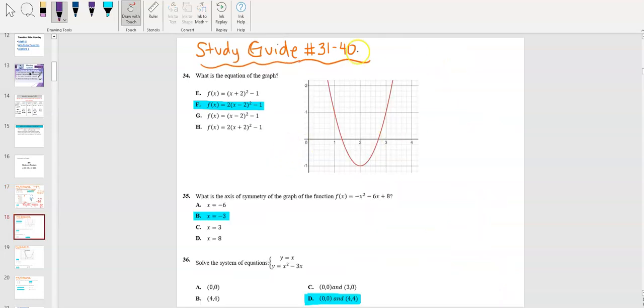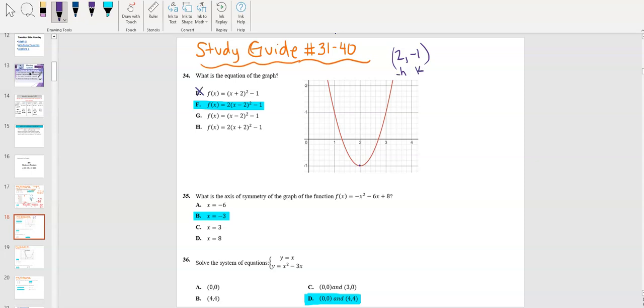On 34, we're taking a look at this graph right here, and we're trying to identify the equation of the graph. If you look, our vertex is at positive 2, negative 1, which in vertex form, remember the x is going to be the opposite of h.